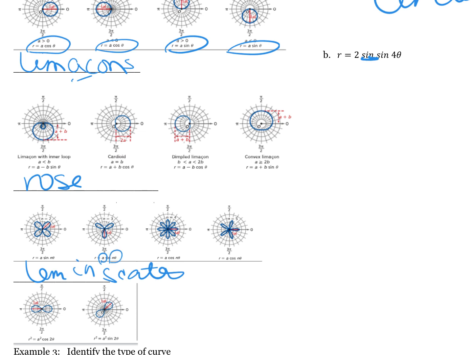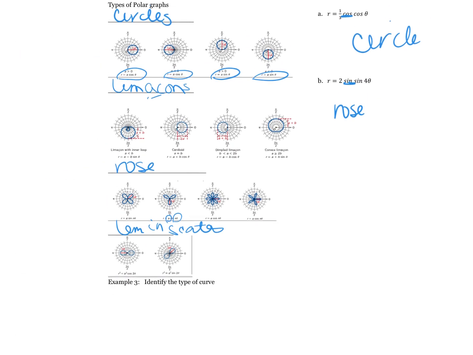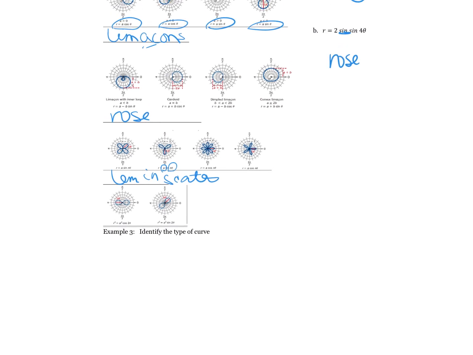So this was going to be a rose, and it makes quite a few petals, because cosine or sine actually doubles the number when it's even when you're graphing those. So pretty cool. Any others? No, I don't think so. That is it.